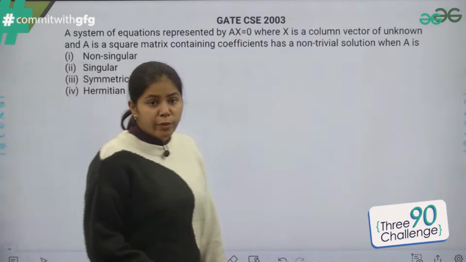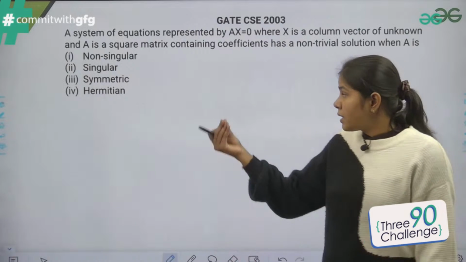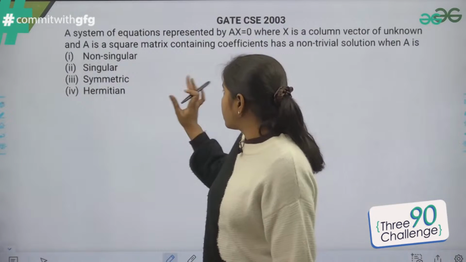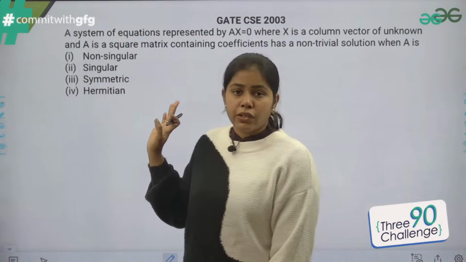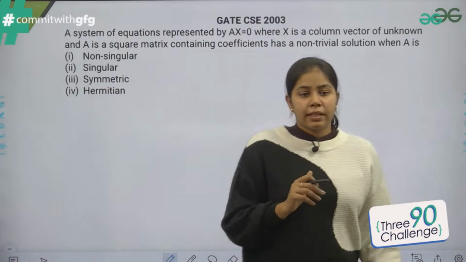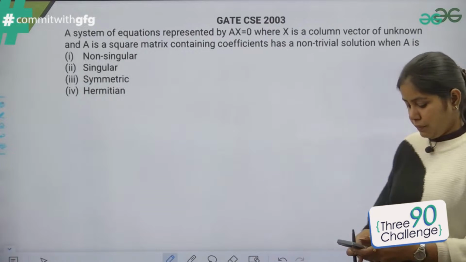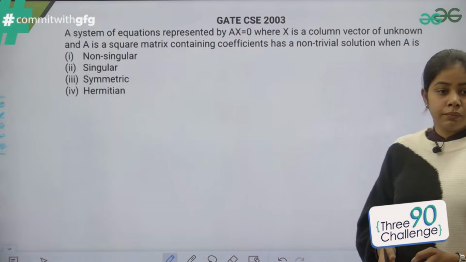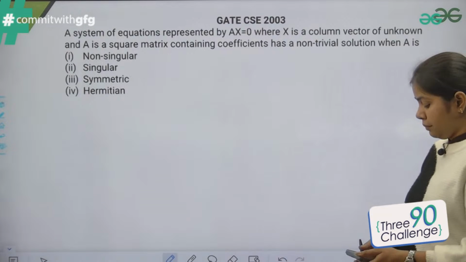Let's solve this question from GATE CS 2003. Guys, if you know systems of linear equations, then you can easily solve it. Just let me know what would be the answer here. Just try to solve it.